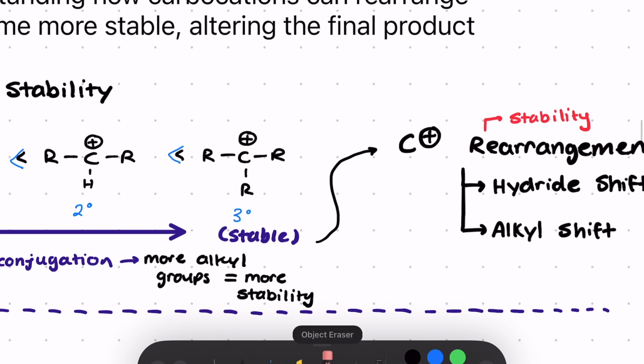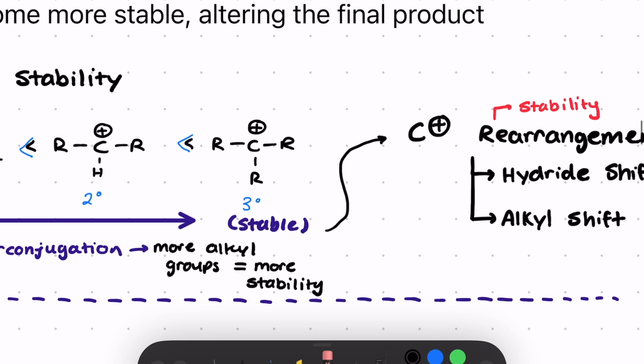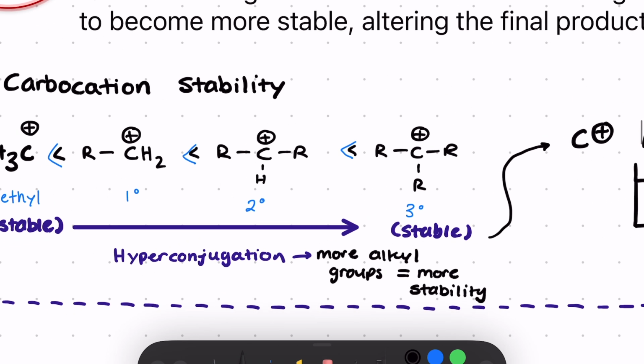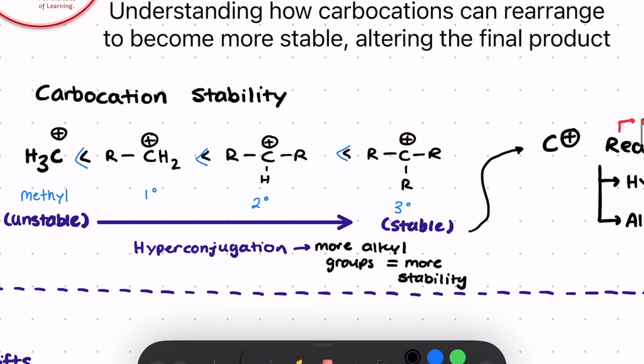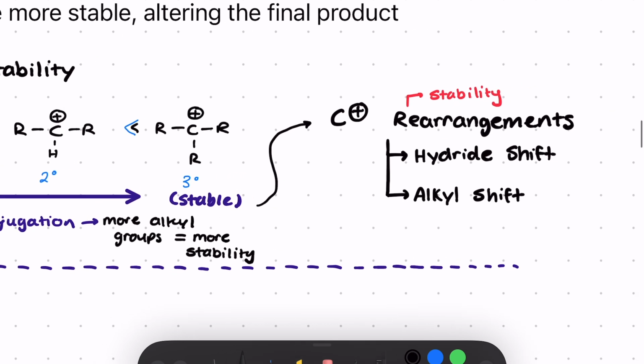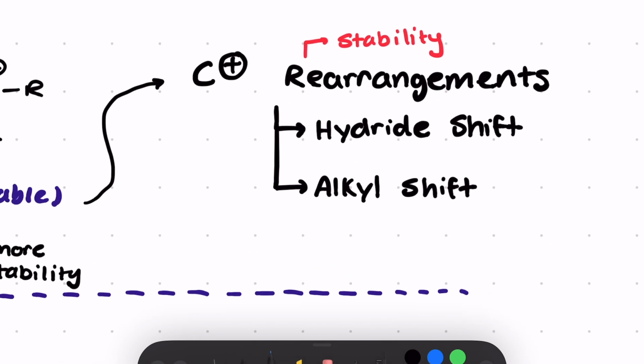So we are going to be talking about carbocation rearrangements, which, as you might expect, involves rearranging carbocations to make them more stable. So if I have a secondary carbocation, it may rearrange to become a tertiary carbocation if that is possible. And I will show you some examples of when that can happen. Now we have two main types of rearrangements.